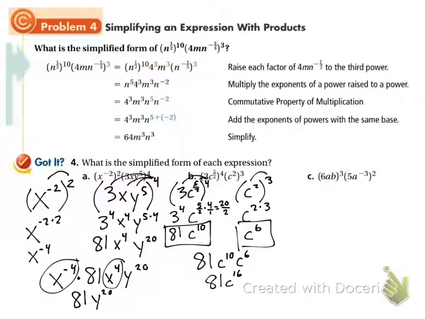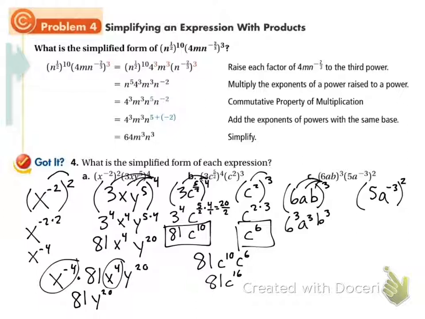Okay, one more. 6ab to the third, and I've got 5a to the negative 3 squared. So I'm going to distribute the 3 into everything. So I've got 6 to the third, a to the third, b to the third. Then I need to figure out what 6 to the third is.